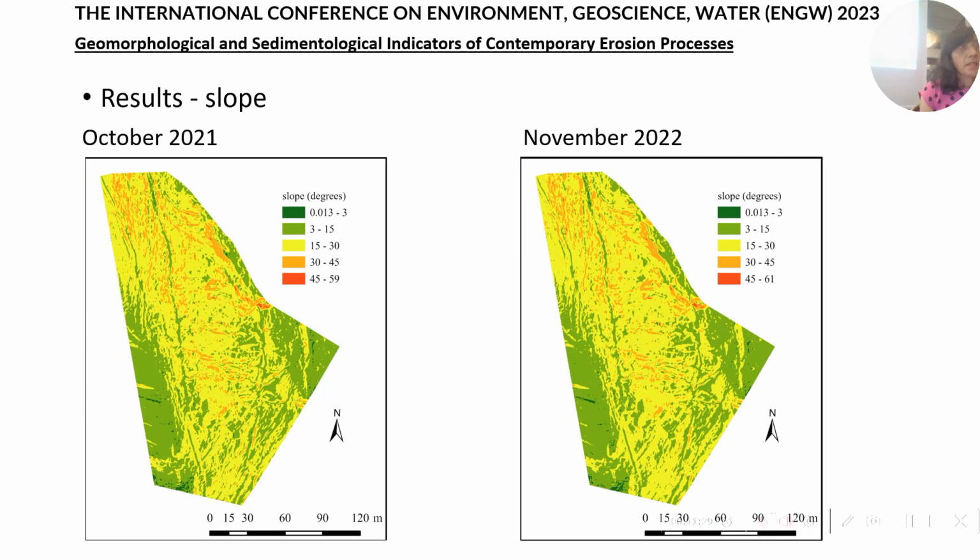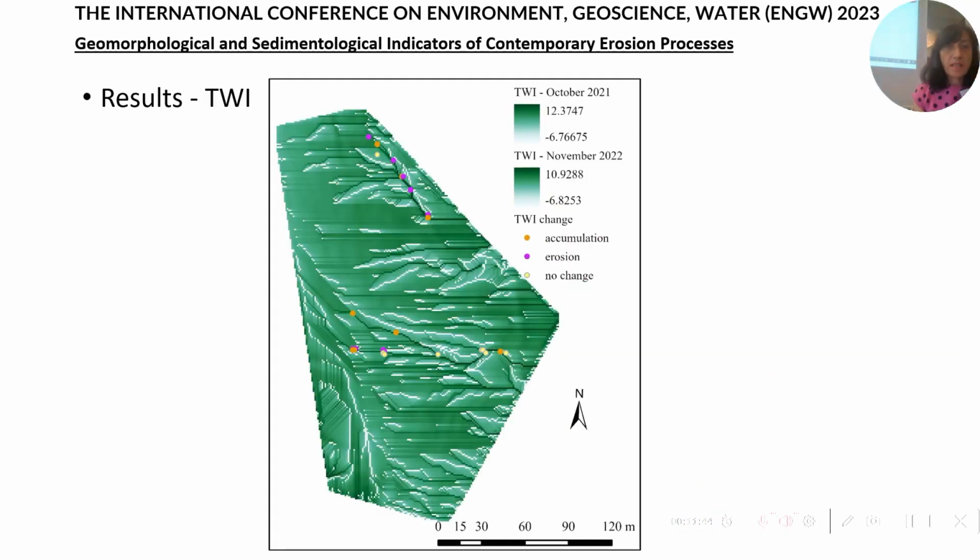A bit higher slopes are determined for the data of November 2022, which can indicate some changes in the erosion processes. The same is the result for the topographic wetness index.